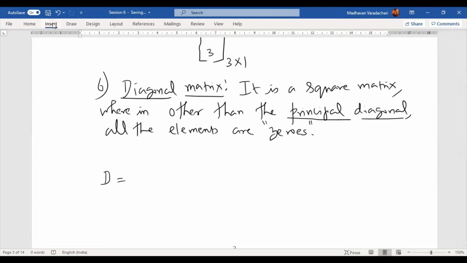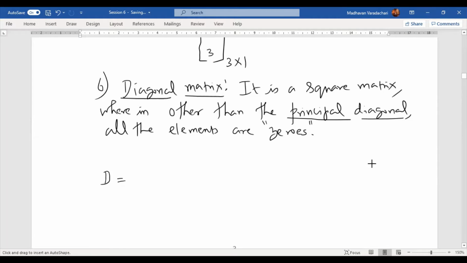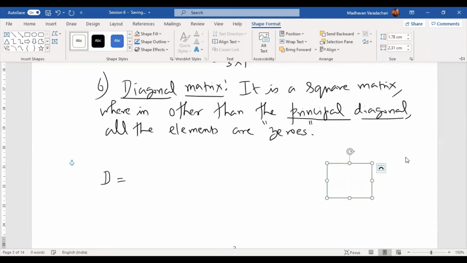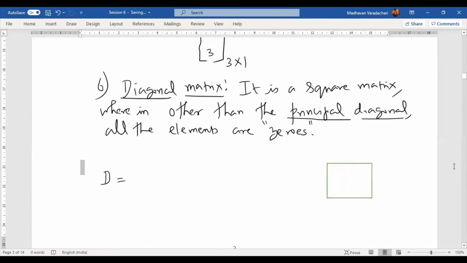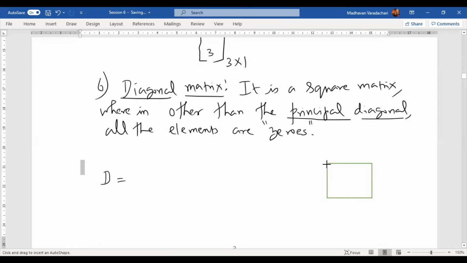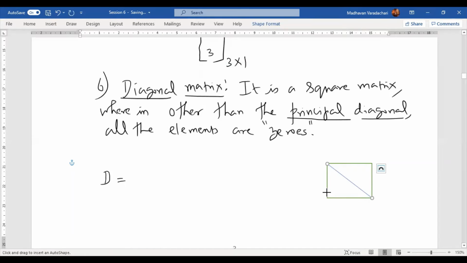Let me just brief that. Let me make a diagram here. Assuming that this is a square, we have two diagonals. One is this, and the other one is this.